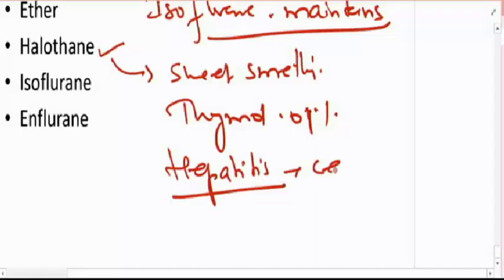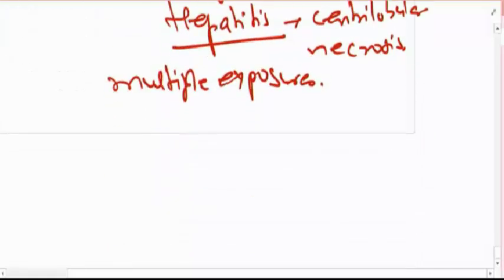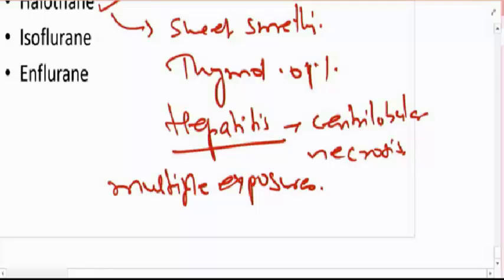Pathology is centrilobular necrosis. The most common cause of halothane hepatitis is multiple exposures at a short interval of time. Mortality is 30 to 50%.